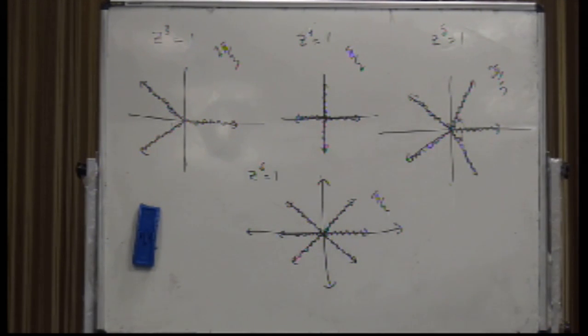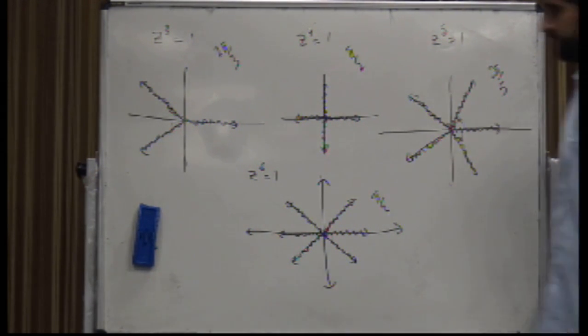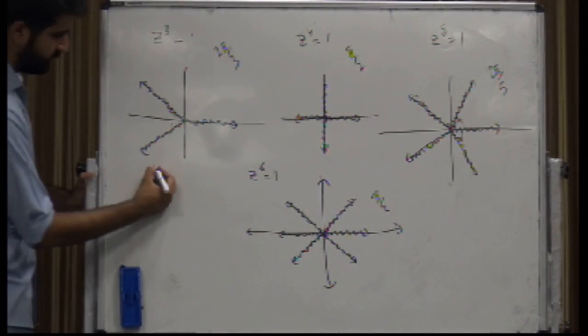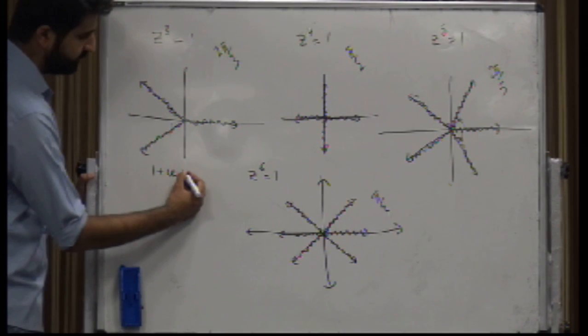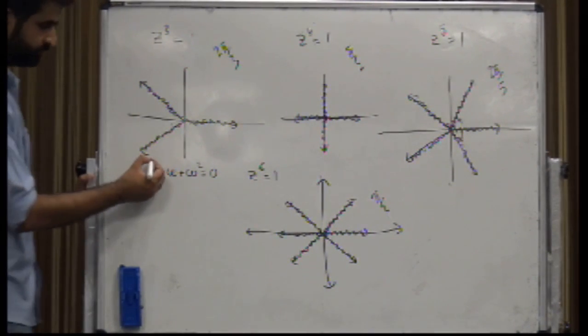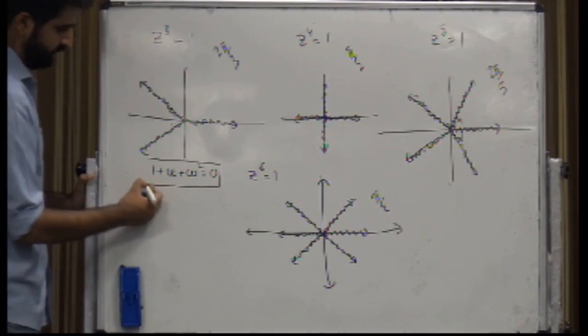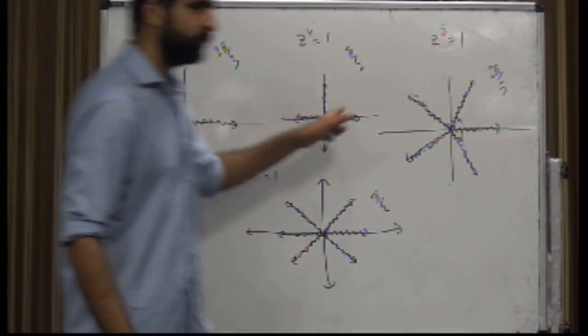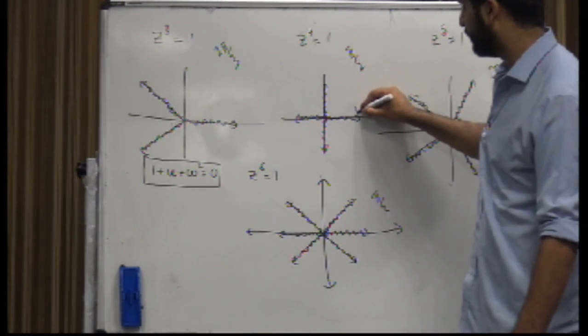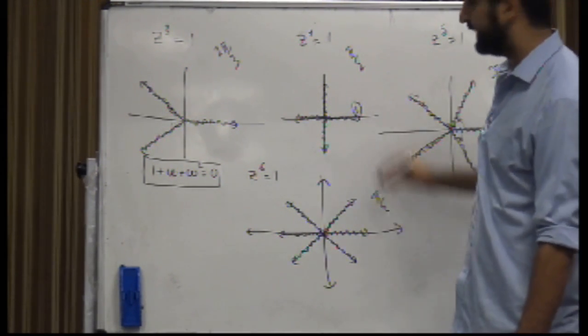So here you can see that if you're getting 3 roots, the 3 roots are 1, omega, omega square. The sum of these three roots is 0. In this case you are getting 4 roots. Actually these 4 roots are very easy to find. First root is 1, second root is iota.